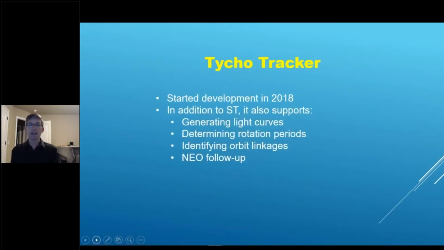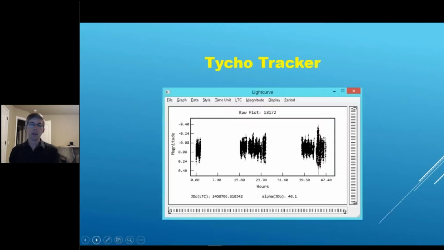And so again, Tycho Tracker, this started development in 2018, and in addition to synthetic tracking, you can generate light curves, determine rotation periods, identify orbit linkages, and of course do follow-up observations of asteroids as well. Here are some examples with photometry, if you're interested in that with this tool.